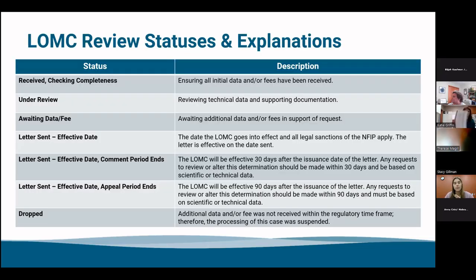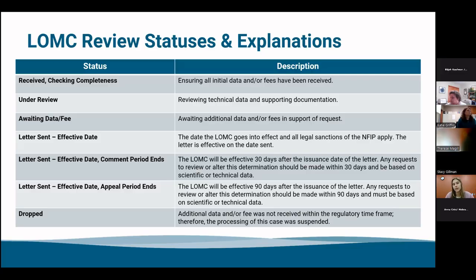So in general, the map change review status has a few different phases. And this table just shows those phases and a description of that phase. So it'll start with, FEMA has received the map change request, and then they'll check it for completion. So they'll just be ensuring that all of the data required has been received.